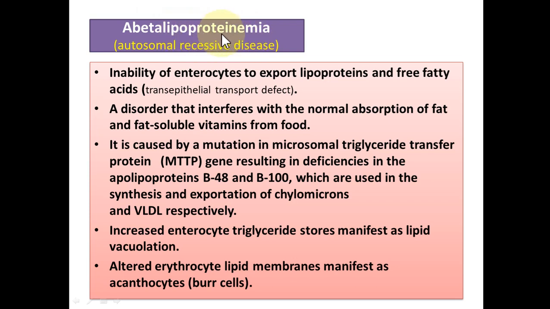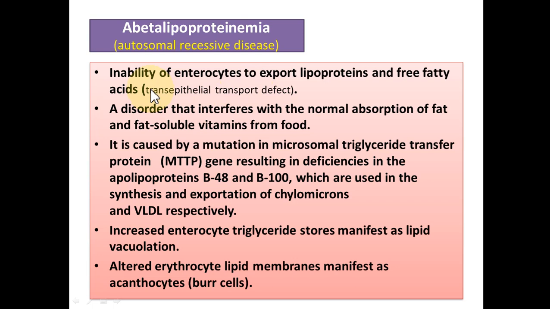So here, the proteins that form the beta bands on protein electrophoresis, when they are deficient, we call this condition abetalipoproteinemia. This is a genetically inherited disorder, and it is an example of the failure of the transepithelial transport.